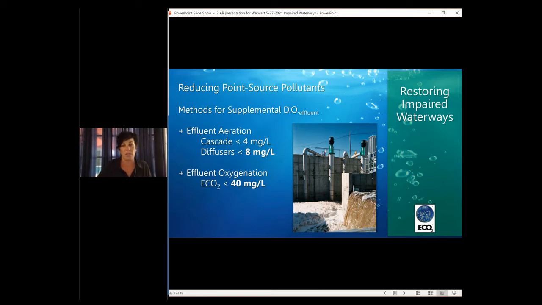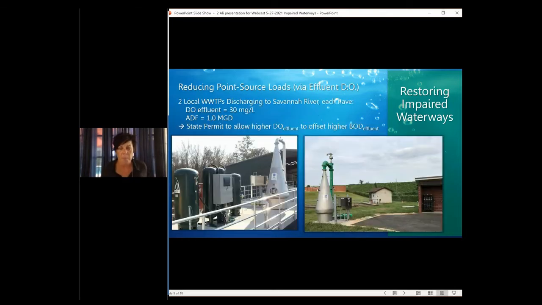Let's take a look at some examples. Here are 2 plants in Georgia that are discharging into the Savannah River that were required to reduce their BOD effluent load. And just a little bit of statistics on these plants.